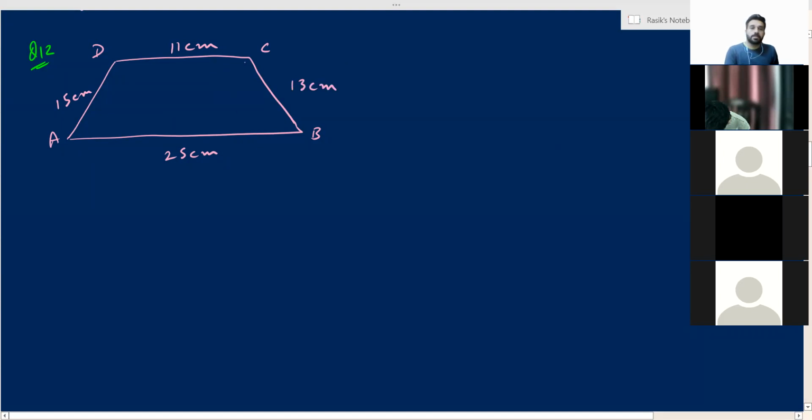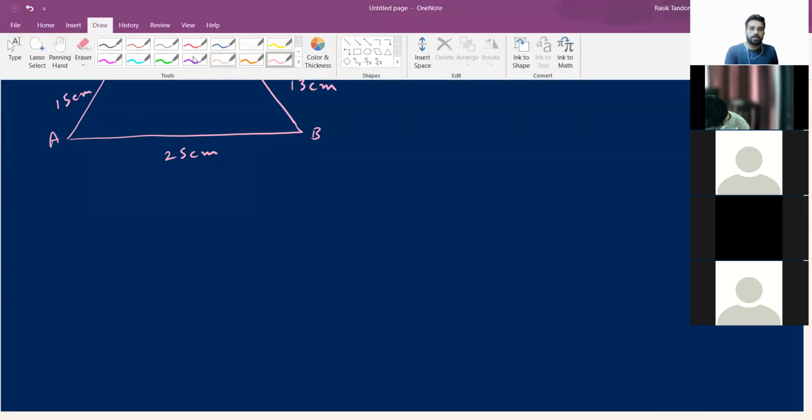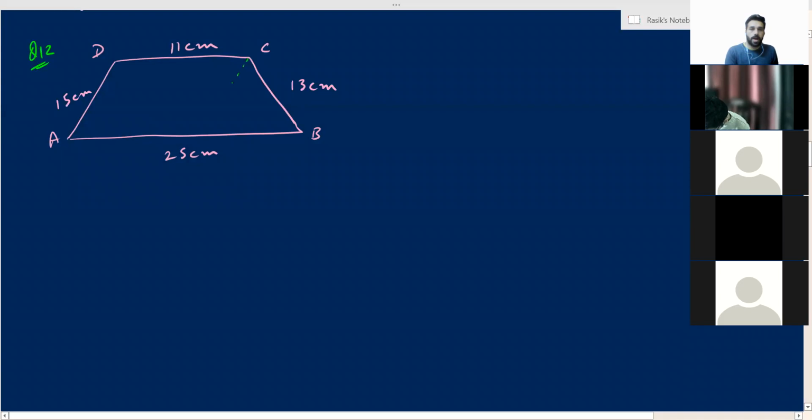Okay, let's draw CE like we did in the last question also. Let's draw CE parallel to AD. The construction: draw CE parallel to AD.